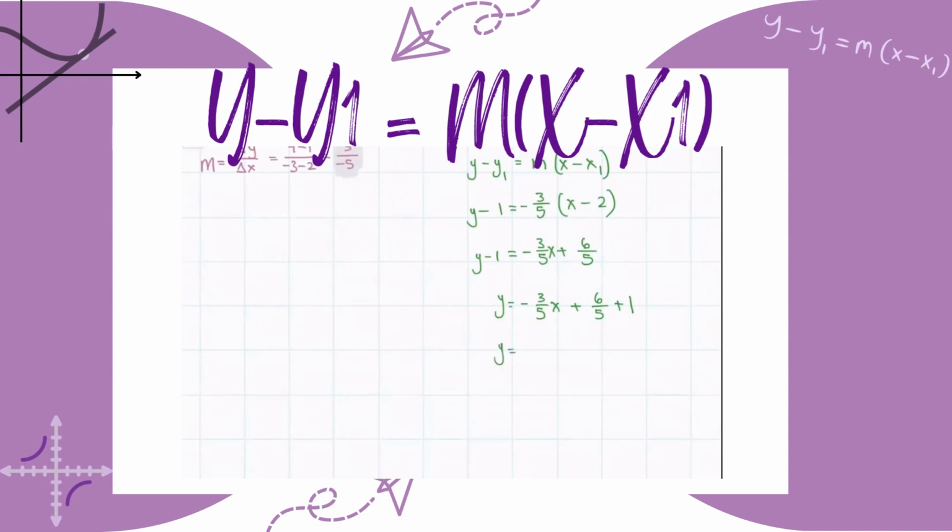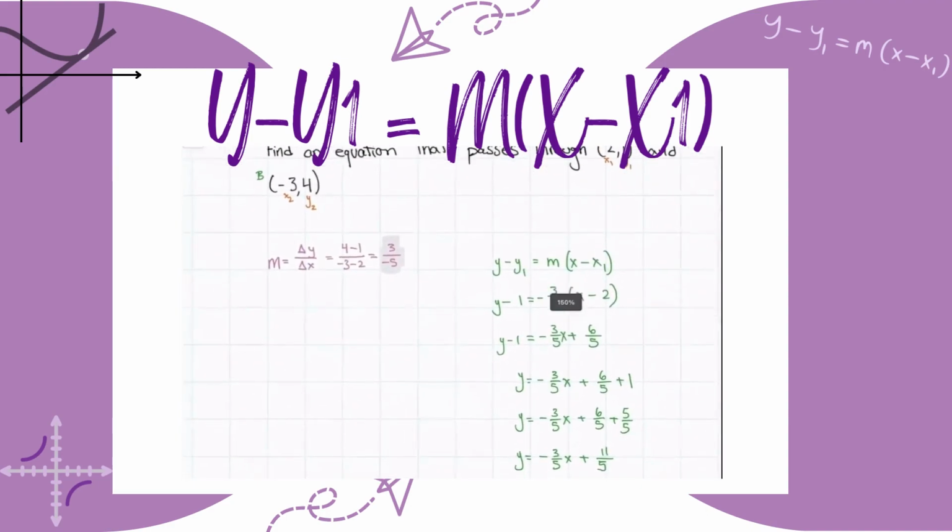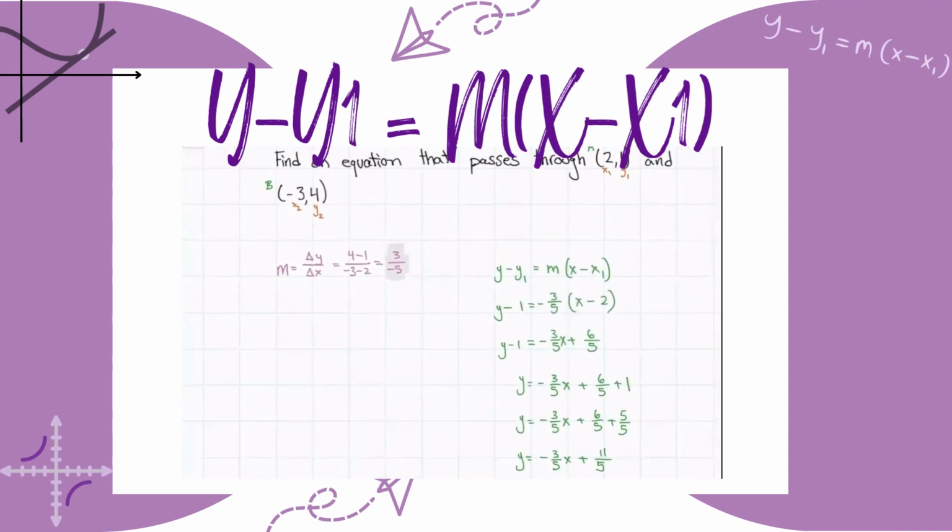So y equals negative 3 over 5x plus 6 over 5 plus 5 over 5, which then becomes negative 3 over 5x plus 11 over 5. And that over there will be the equation. So this is your final answer.